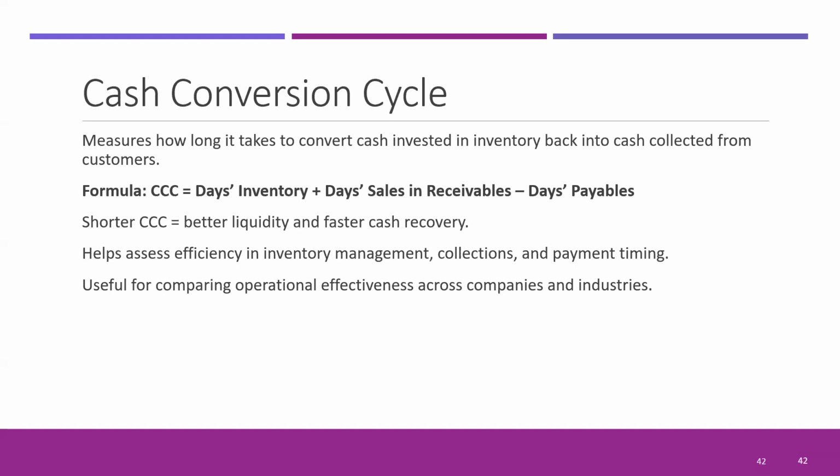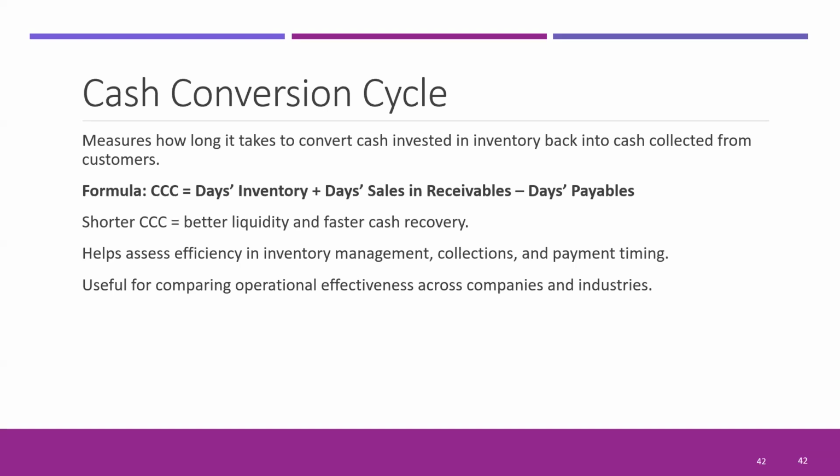This shows how many days it takes from when a company pays for its inventory to when it collects cash from customers. It can also be called a cash to cash cycle. It's, in my opinion, not talked about enough.